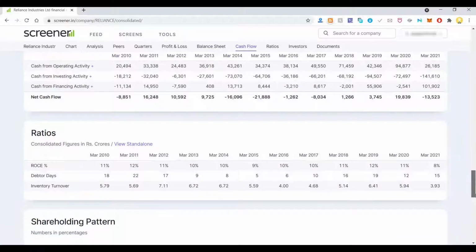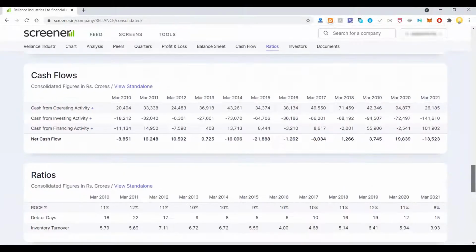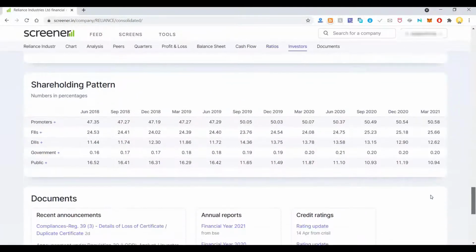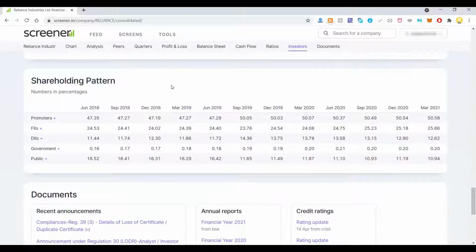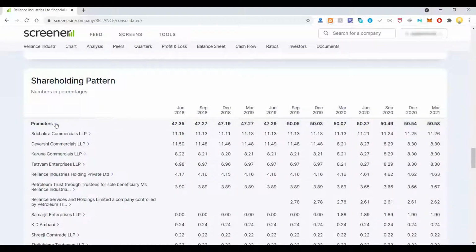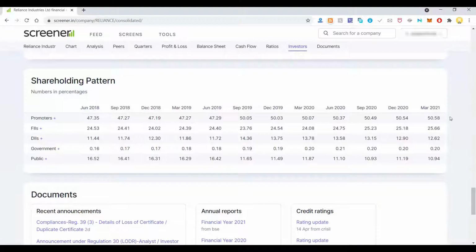And now if we come to the shareholding pattern, it will show you how much shares of the company is owned by whom. So if you go here, promoters, you will see a big chunk, that is 50.58% of total shares is owned by the promoters.